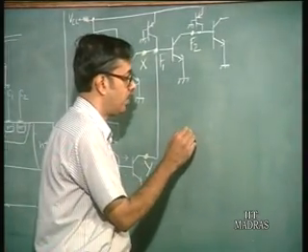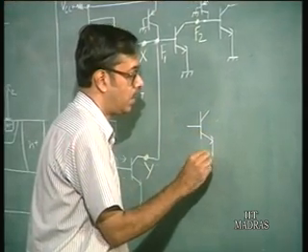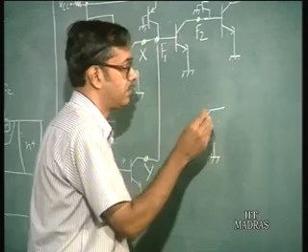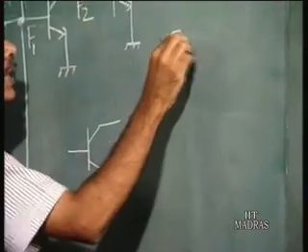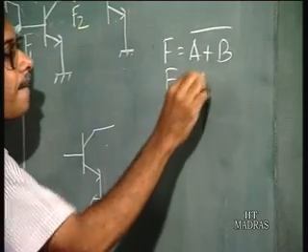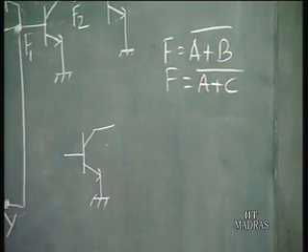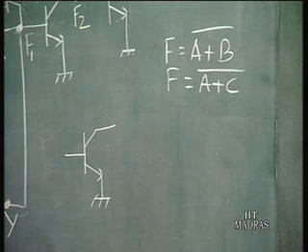So the question is, suppose you want to realize these functions, say f is equal to NOR of A and B and NOR of A and C. Now, how do you do that?